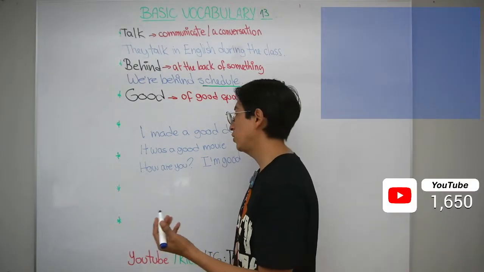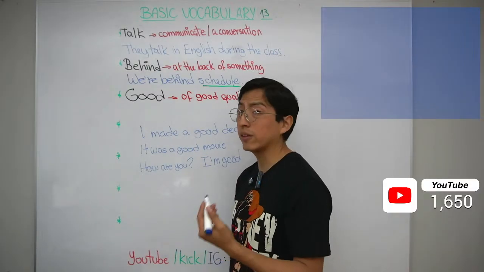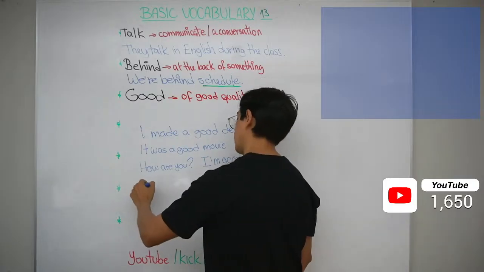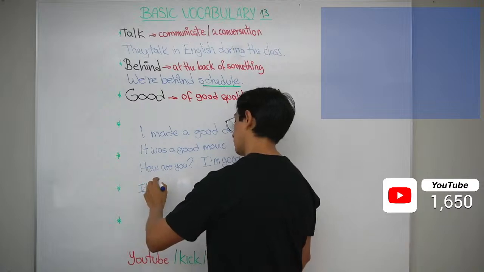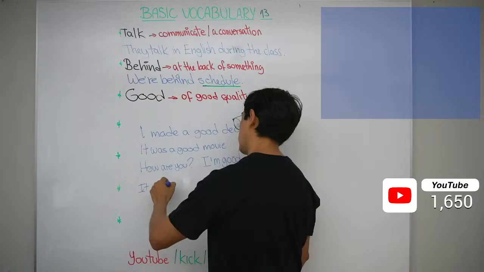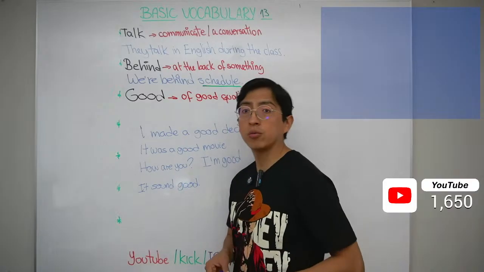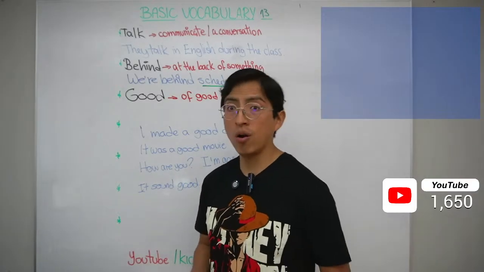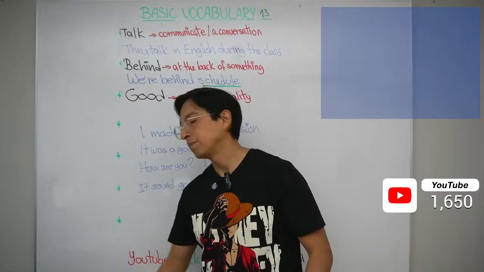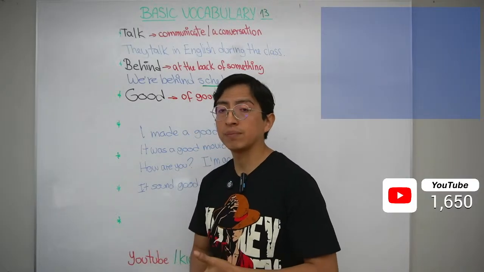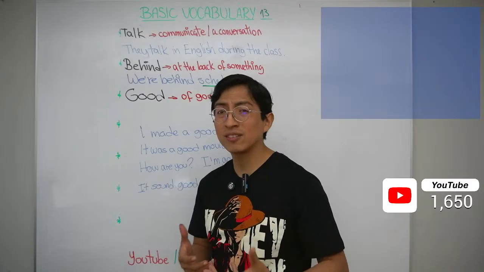Now, you can also use this with other verbs. For example, it sounds good. Hey, tomorrow we have a party, and you can say, oh, it sounds good. I'm going to order pizza. Oh, that sounds good.